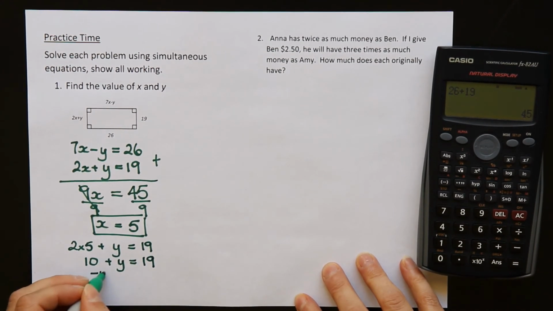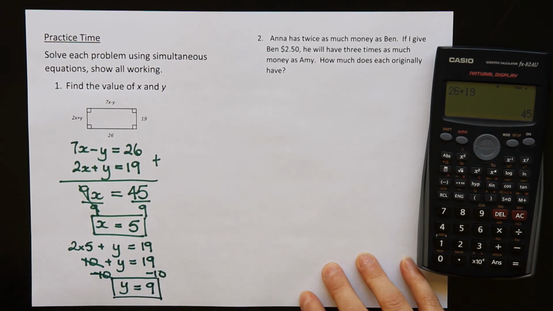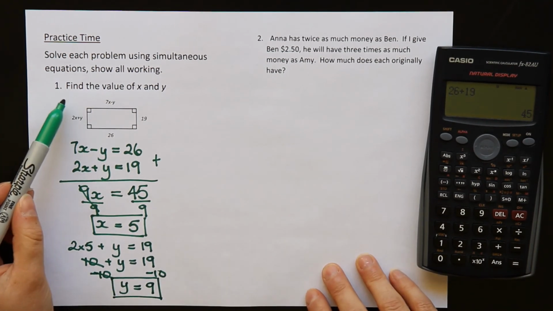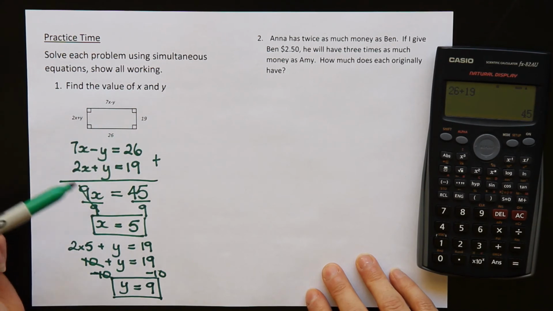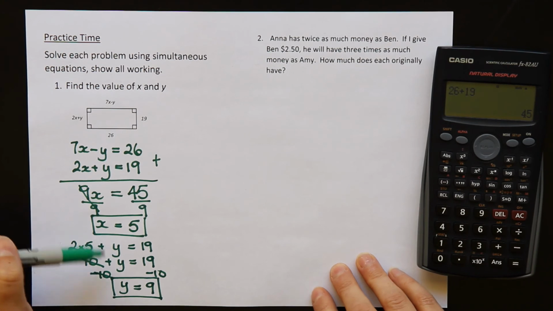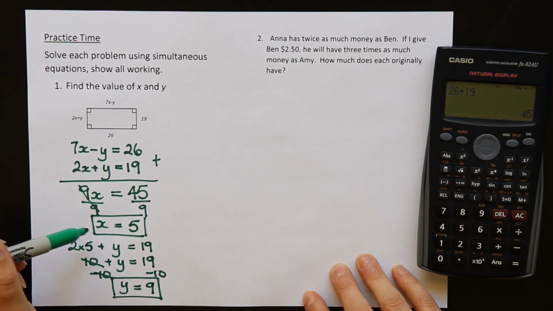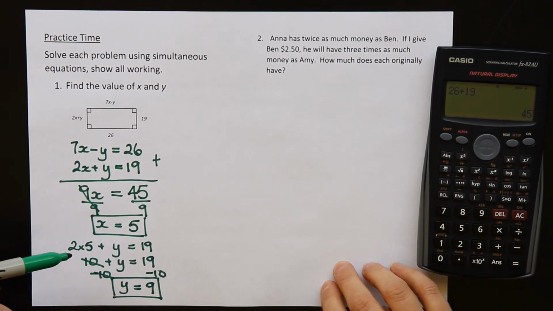And then subtract the 10, so we get that y is equal to 9. Now, this question says find the value of x and y. So I haven't introduced any pronumerals in this question, so I could probably get away with not writing my wordy answer. So I've run out of room here, so I'm just going to leave my answer like that. X is equal to 5 and y is equal to 9.